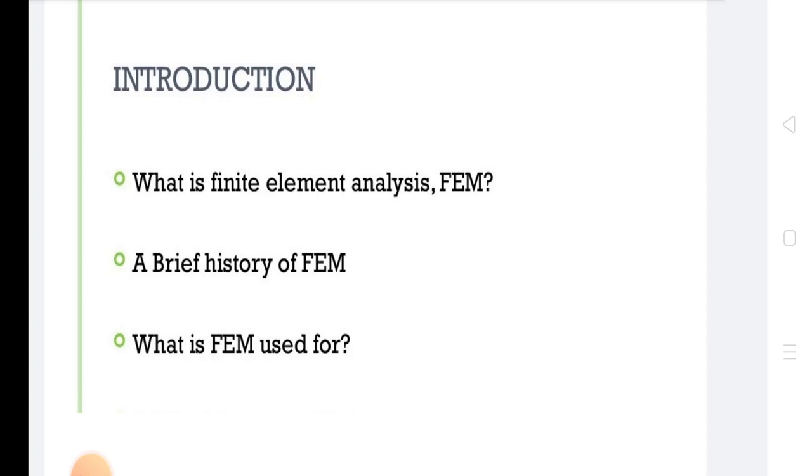This means that the matter in the body is continuously distributed and fills the entire region of space it occupies. Domain also refers to the continuum of a particular interest. Node: a node is a specific point in the finite element at which the value of the field variable is to be determined. These are points where properties are to be determined for an element.